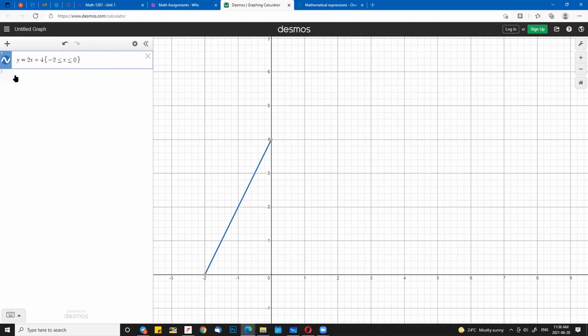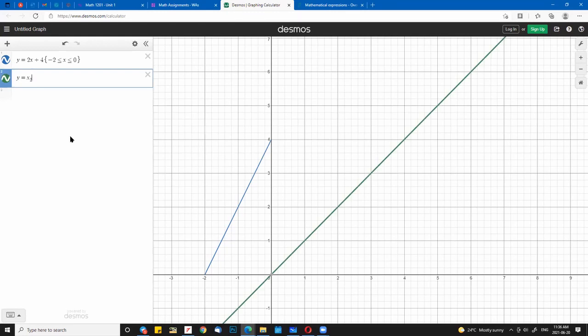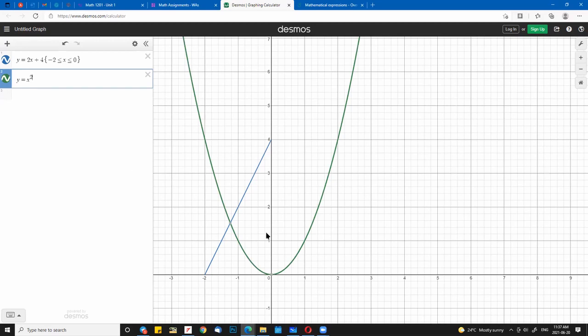Then we can continue the piecewise. You click where you see this number 2, and you can add another function. Let's just use y equals x squared, right? Now we have to be careful here.